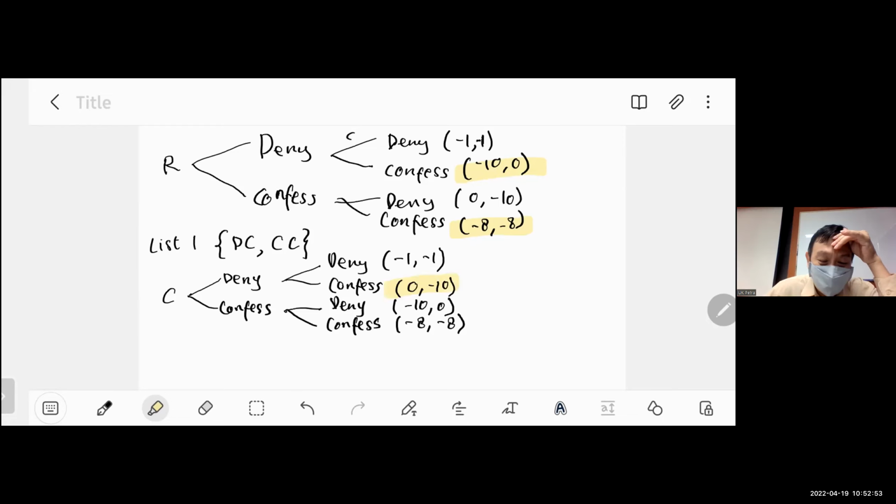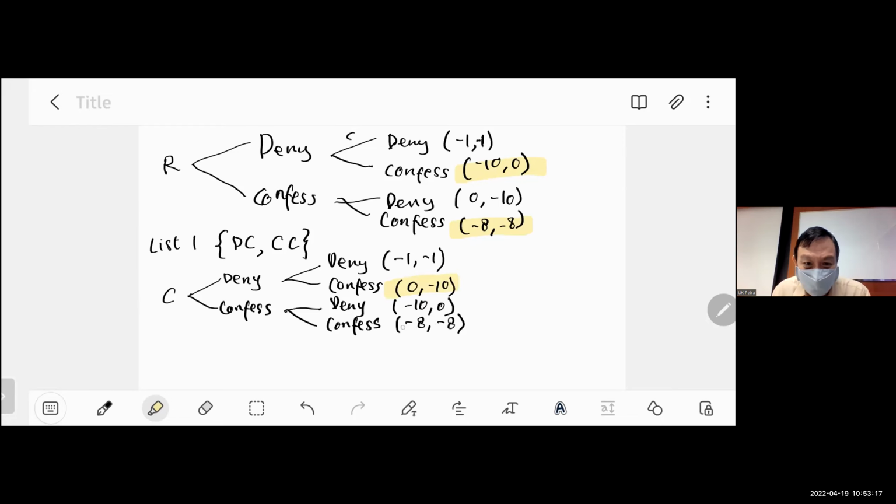And now, if column says I will confess, what will row do? Deny? First number. Row will confess, correct.